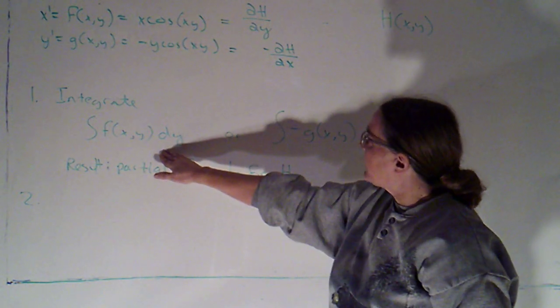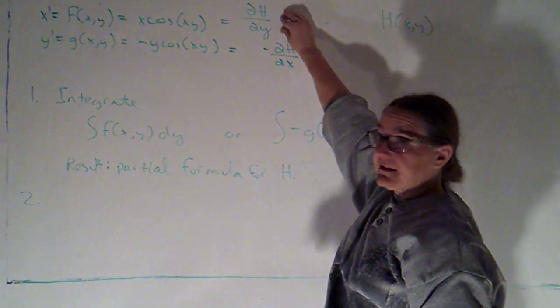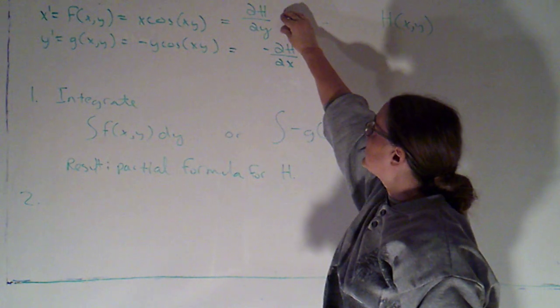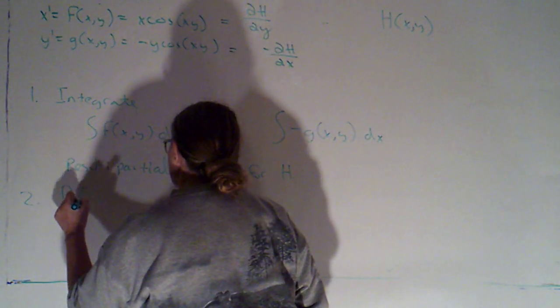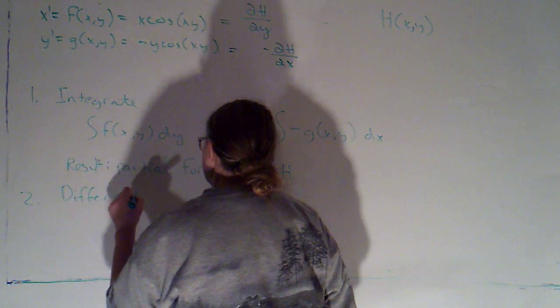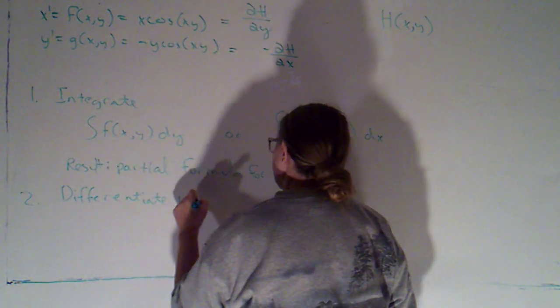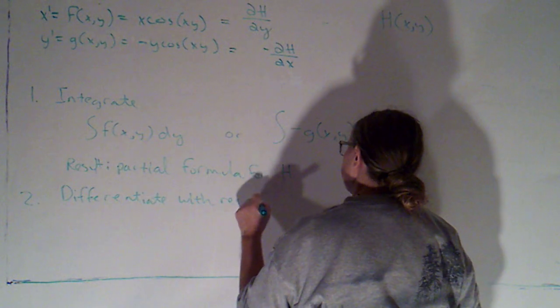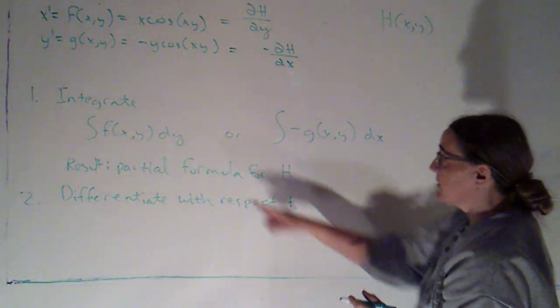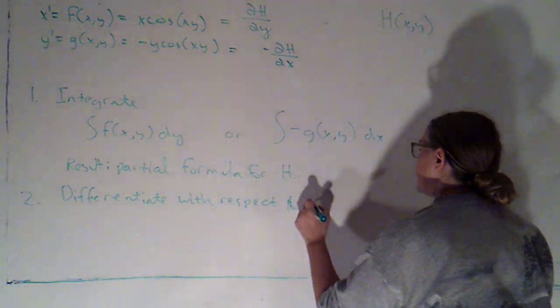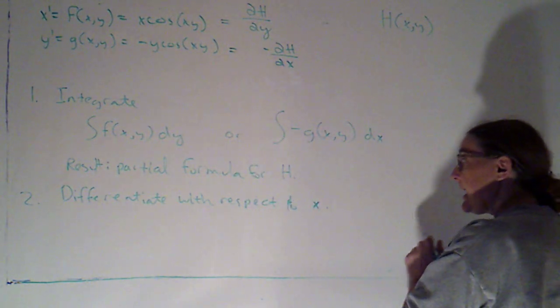So if I've integrated f, I've already used the fact that that gives me a formula for the partial of h with respect to y. So I'm going to differentiate with respect to the other variable. So if I integrated with respect to y, I'm going to differentiate with respect to x.